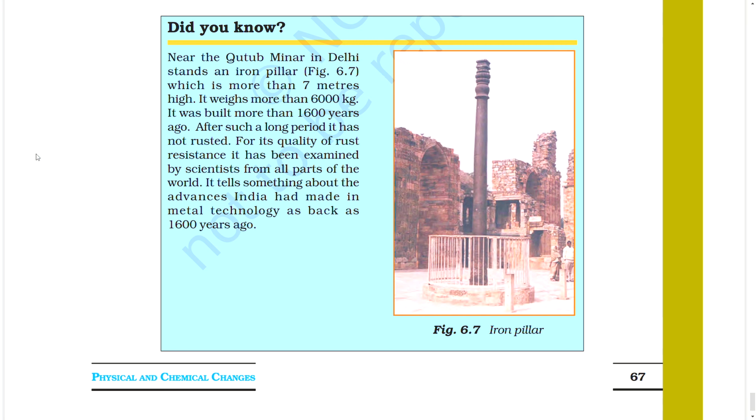For its quality of rust resistance, it has been examined by scientists from all parts of the world. It tells something about the advances India had made in metal technology as far back as 1600 years ago. Iron pillar.